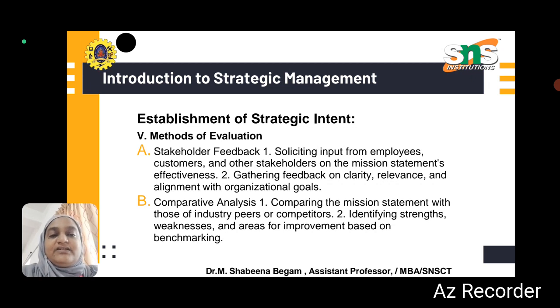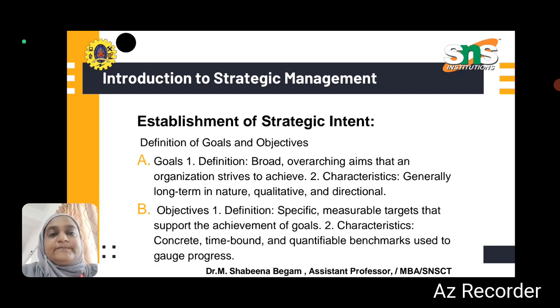Then methods of evaluation: stakeholder feedback could give a very good output and input for the formulation of the process of strategic management, and comparative analysis. This could be a comparative analysis with the stakeholders or other similar organizations running in the market.